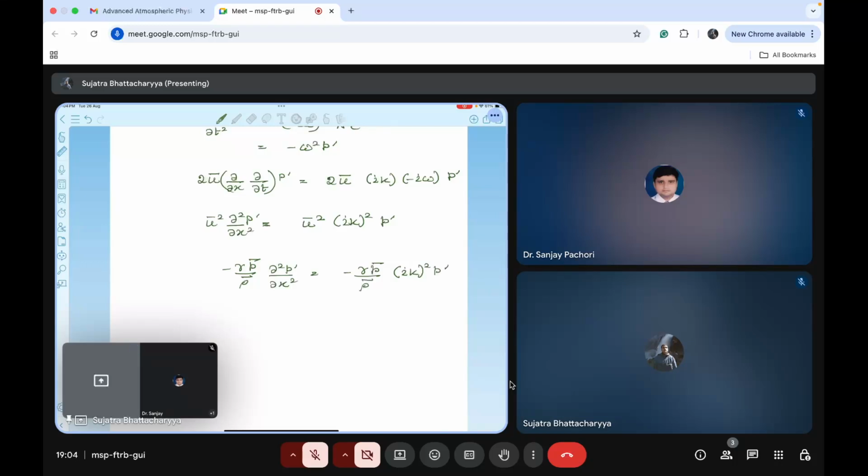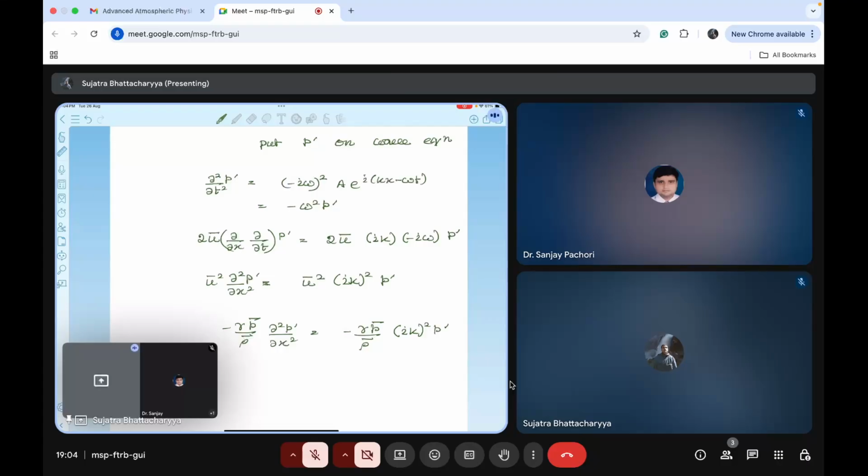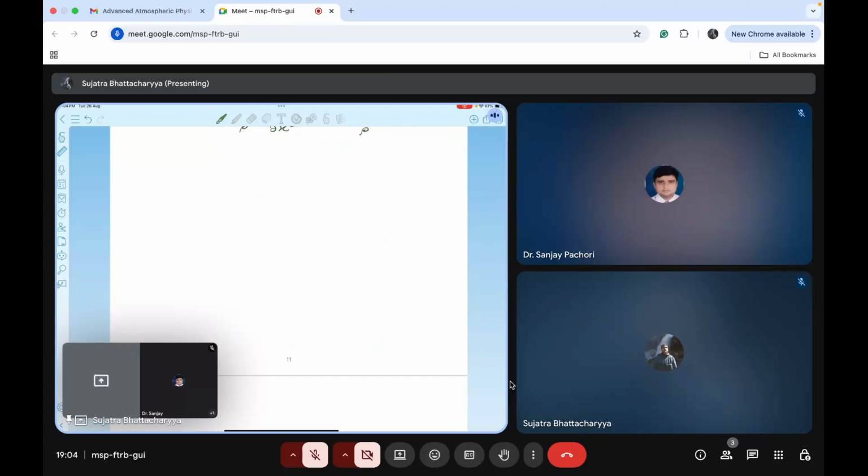That's all. So now if you write all these terms, what you get is this: minus omega square p dash, plus 2 u bar omega k p dash, minus u bar square k square p dash, and plus gamma p bar by rho bar k square p dash, equal to 0.